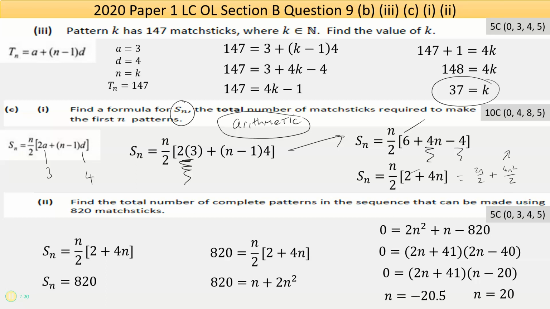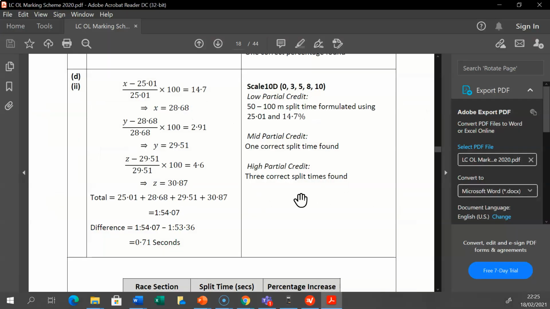I could have then simplified that further. The 2's would cancel. You're left with n plus 2n squared, as 4 over 2 goes twice. And I'm not sure if that's a simpler form. Would that be a better answer? I'll have to look at the marking scheme and see, maybe just while I'm doing it.